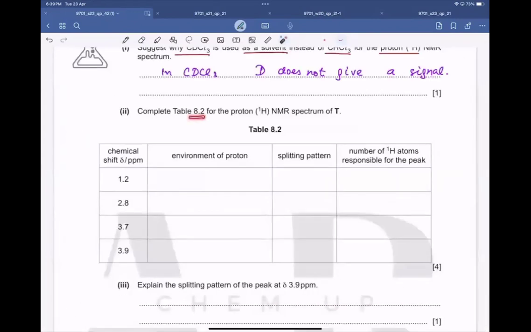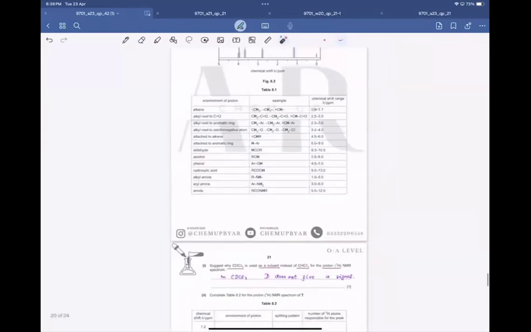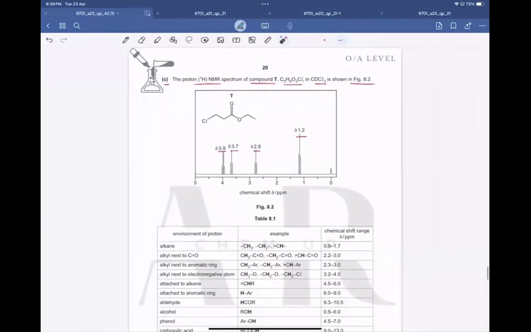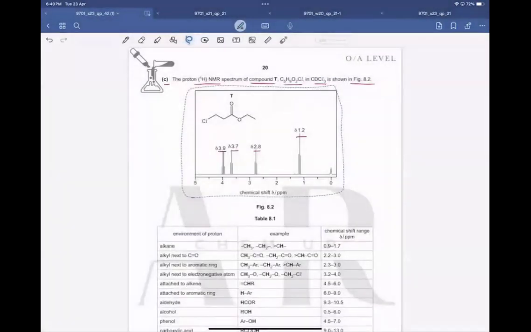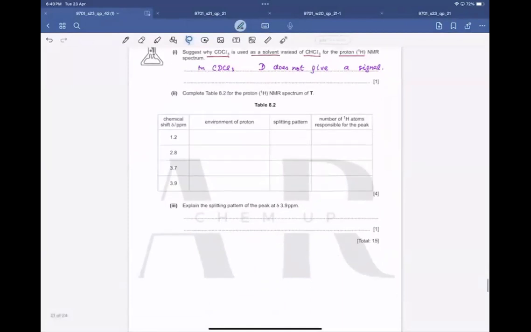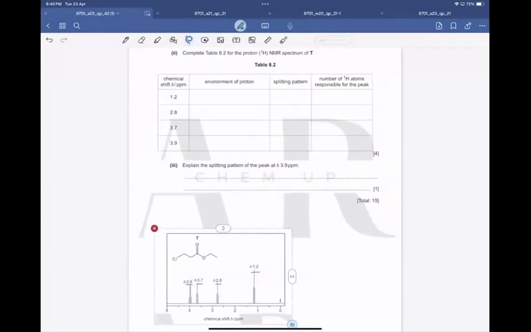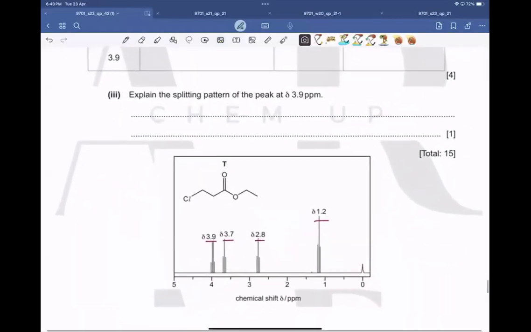Complete table 8.2 for the proton NMR spectrum of T. I think now it's easy to work over here.